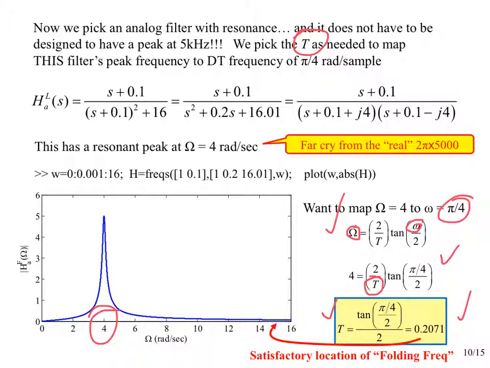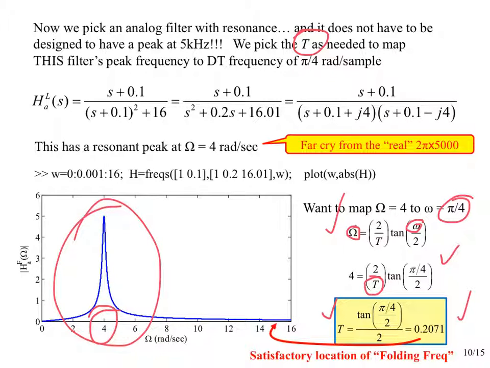Now, one last thing that we check. We've seen aliasing of these filters before. Well, we want to just make sure that our sampling frequency is far enough out above where the important part of our filter is, even though there isn't really any sampling going on.